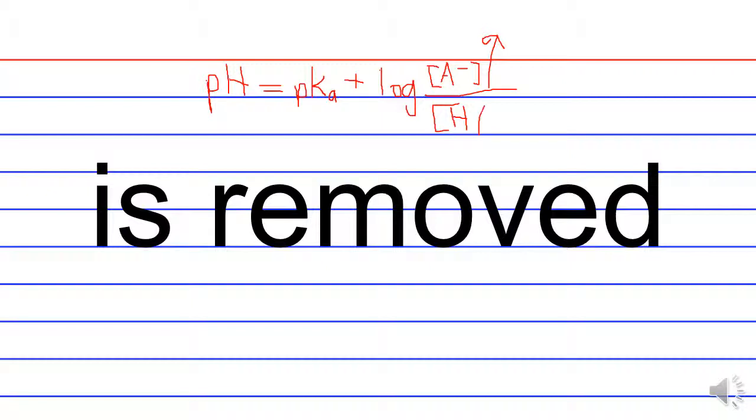If this number might be really small, this is when the pH is going to see a dramatic increase.